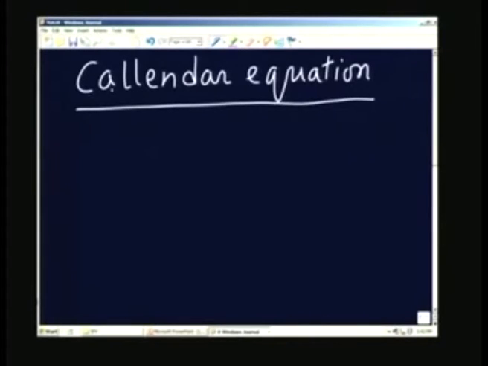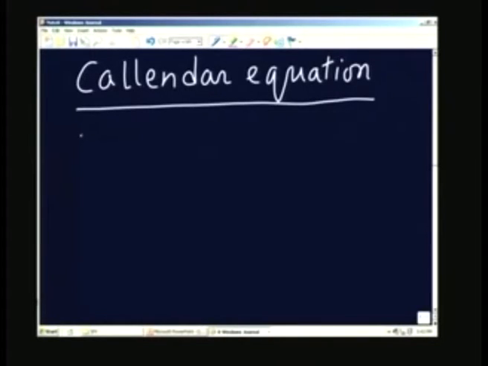This is the name of the person. Callender was a scientist who worked with platinum resistance thermometers in the early days of its development, and essentially the Callender equation is basically based on his recommendations and understanding of what was going on.